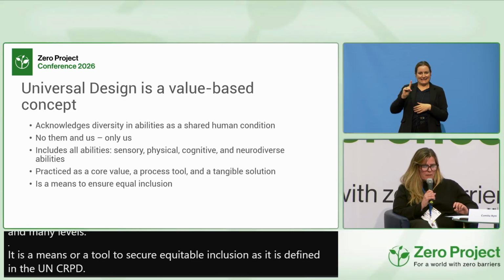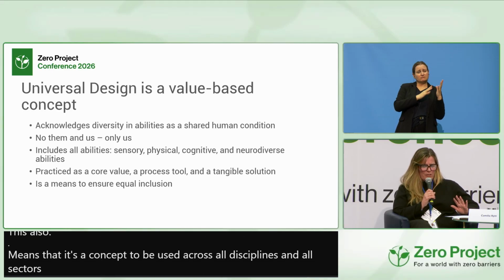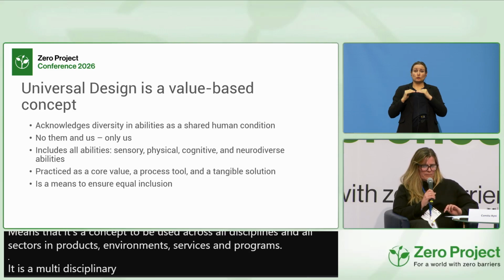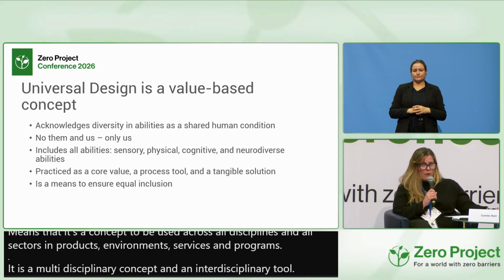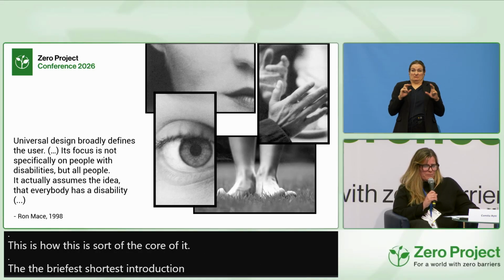This also means that it's a concept to be used across all disciplines and all sectors, in products, environments, services, and programs. It is a multidisciplinary concept and an interdisciplinary tool. This is sort of the core of it, the briefest, shortest introduction to the concept.